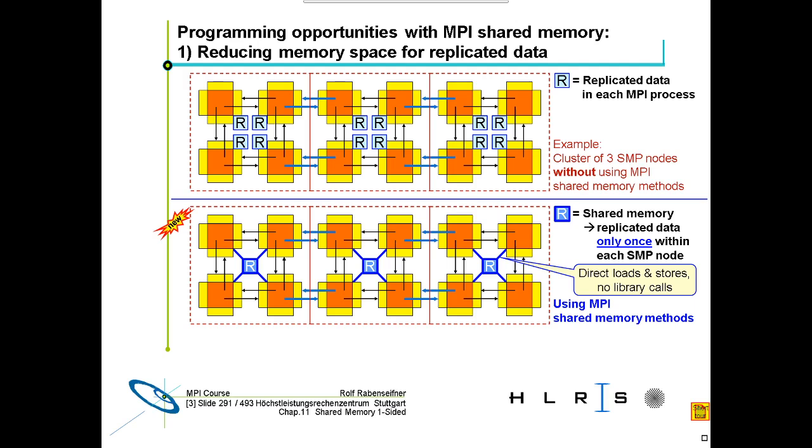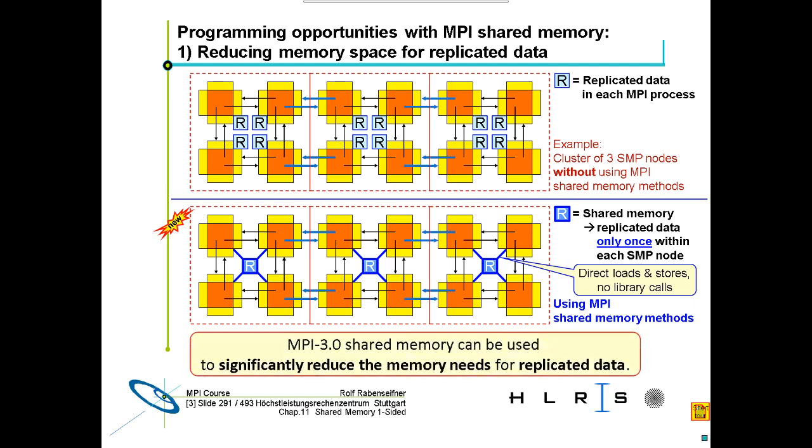Therefore, we can access the different halo data on each of the processes by just storing it once and accessing it directly without more replication. That's one first advantage of MPI shared memory, so that we don't have that much replicated data within one SMP node.